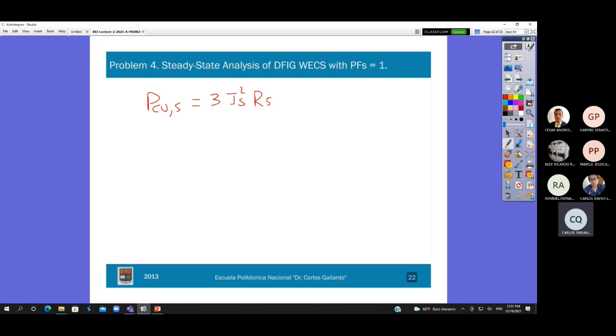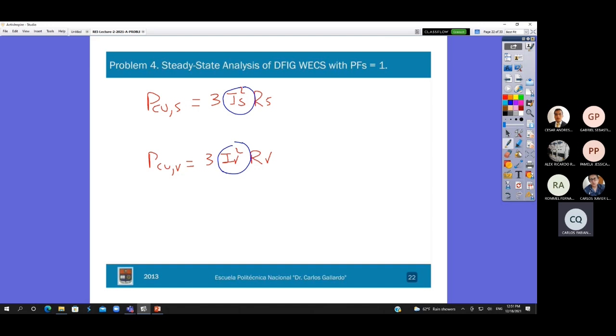What about the rotor winding losses? This is for the rotor: I will have 3 times the rotor current squared times the rotor resistance. We have already computed in the previous question the rotor current and the stator current.